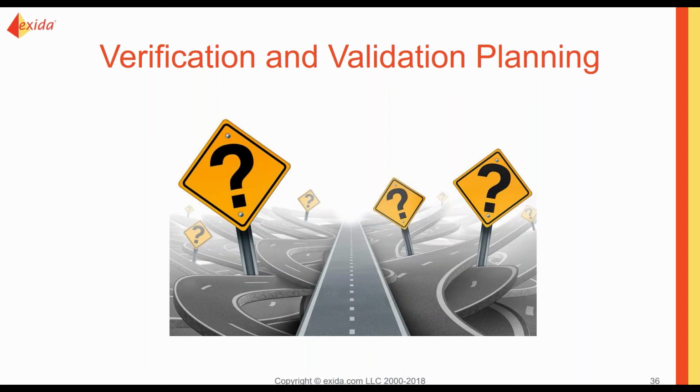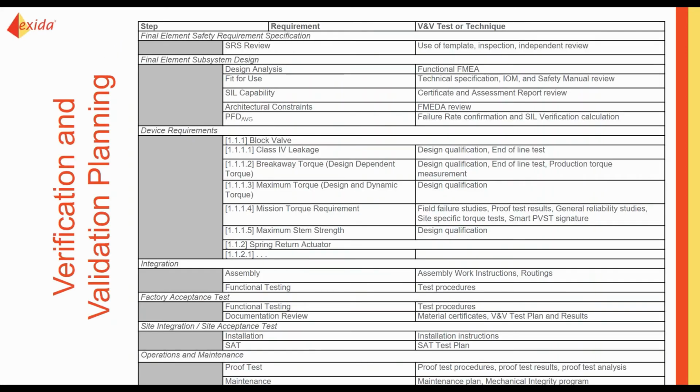So I think the most useful thing to do is to say, what does a robust verification and validation plan look like, and then where do we do it? So we've taken each of these steps we've talked about: the final element safety requirement spec, final element subsystem design, device requirements, integration, factory acceptance testing, site integration, site acceptance testing, and operation and maintenance.